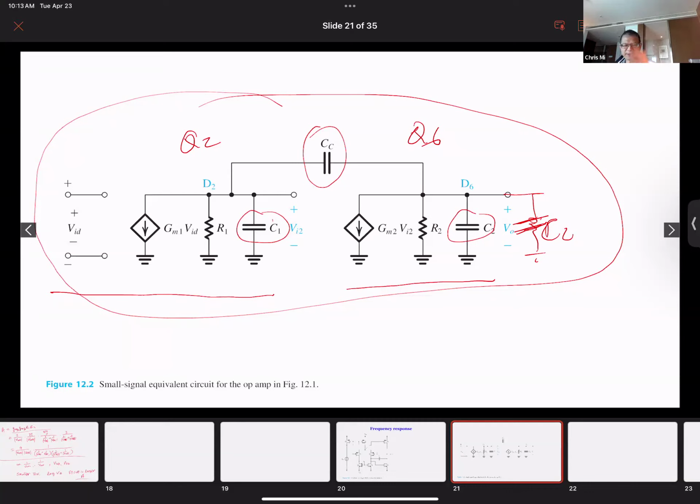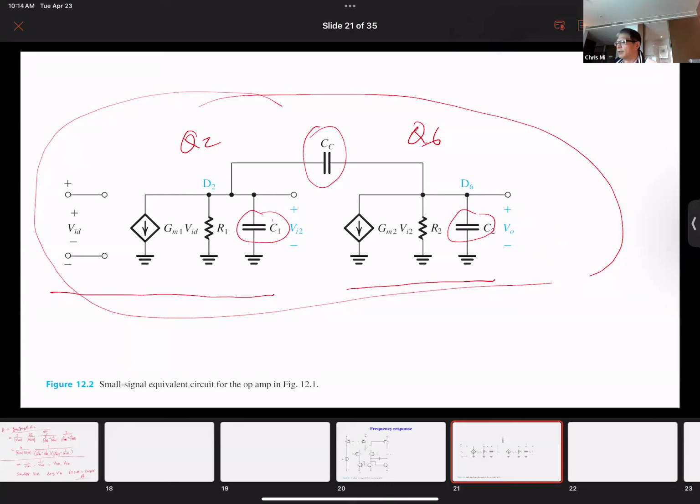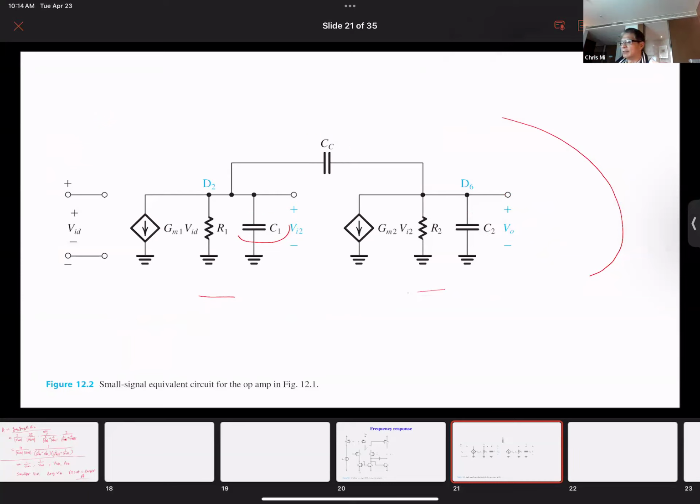And so I think our time is almost over. So I'm going to stop here. And on Wednesday, we're going to look at the frequency response. We're going to start from this slide, clean. And as I mentioned, I'll just repeat, the next lecture, which is Wednesday, we're going to talk about frequency response.